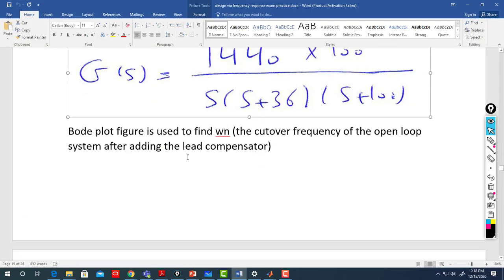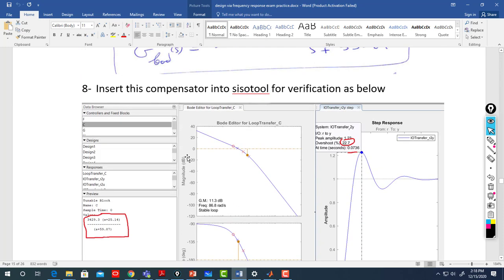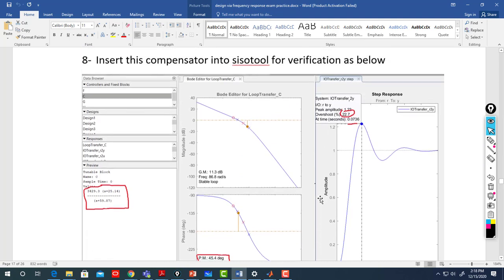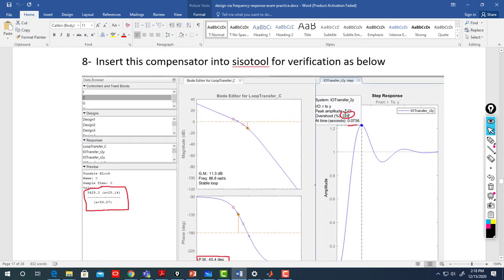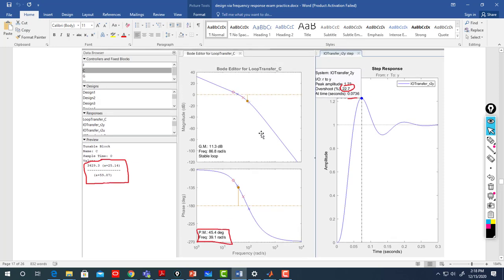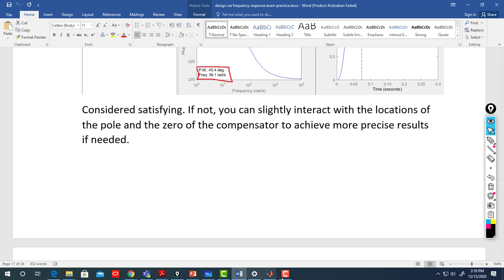Or if you don't consider it satisfied, then you can slightly adjust the location of the pole and zero to achieve more precise results if needed. Well, I can consider my results as enough. And this is all for this exercise.